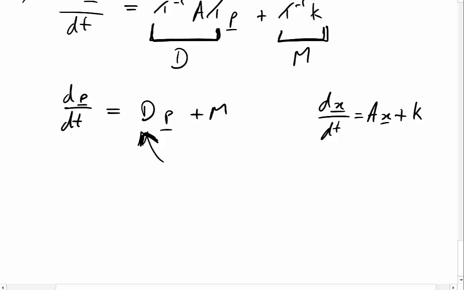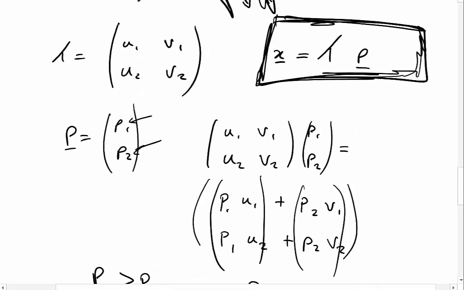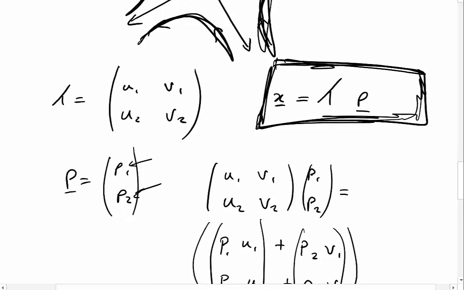So all I've got to do now is find what P is. In other words, I need to find the values of P which will make my system behave in the required way. I need to find P1 and P2.